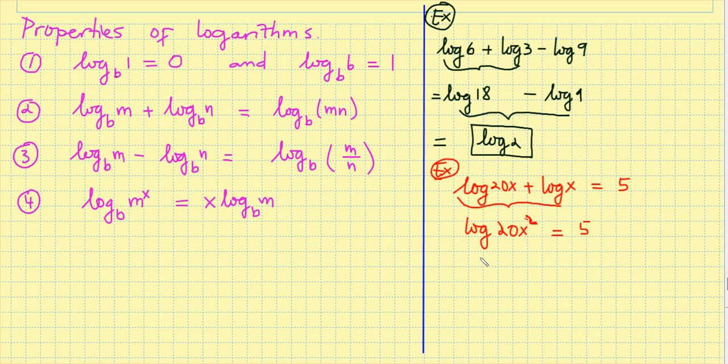Now the next step, we want to cancel the log, right? We want to solve for x. So how can we cancel the log? I need to show you one more note right here.